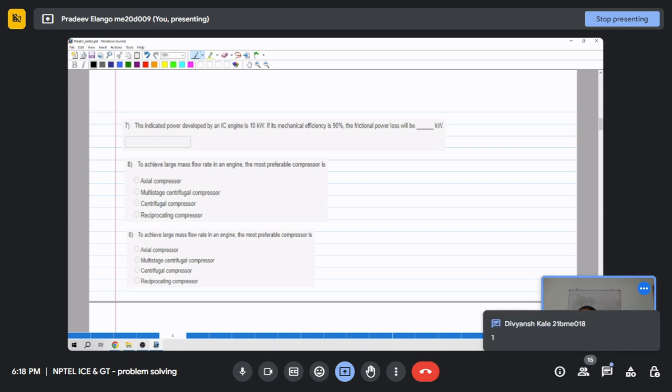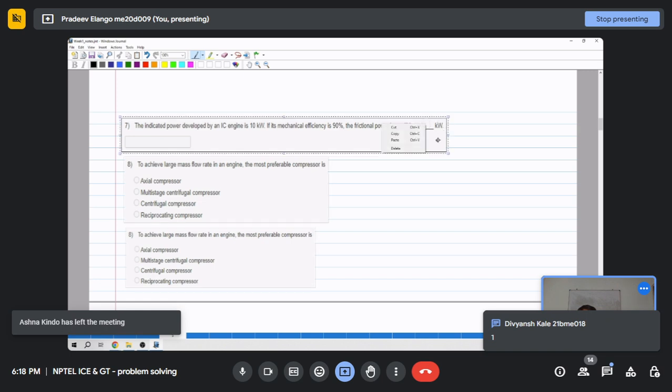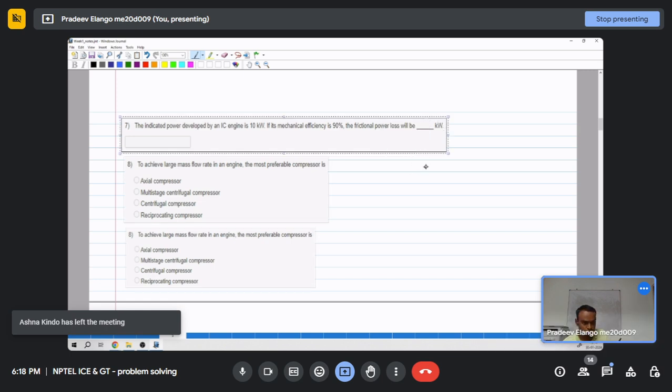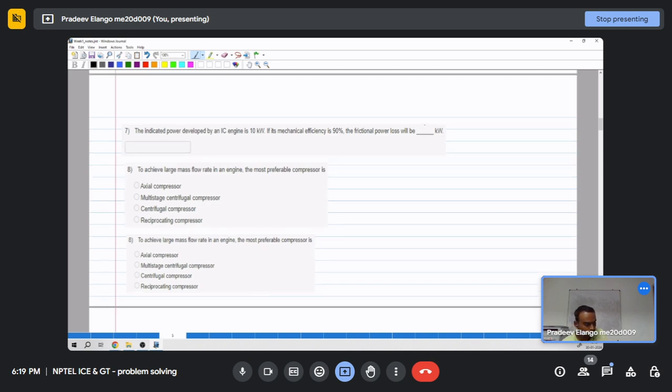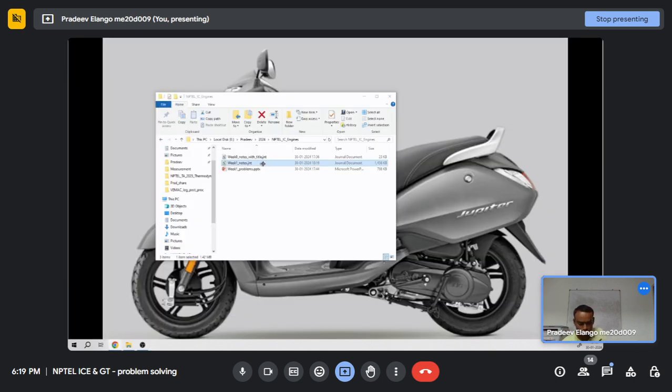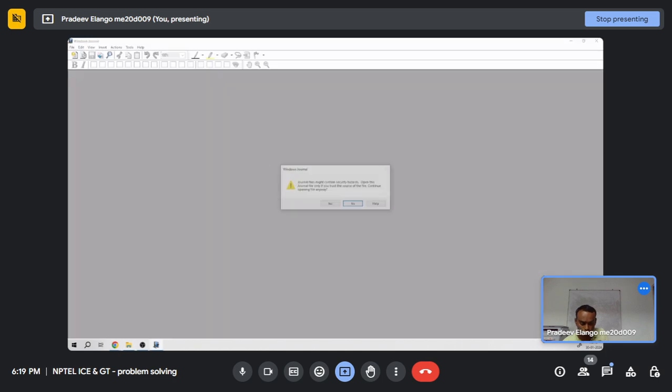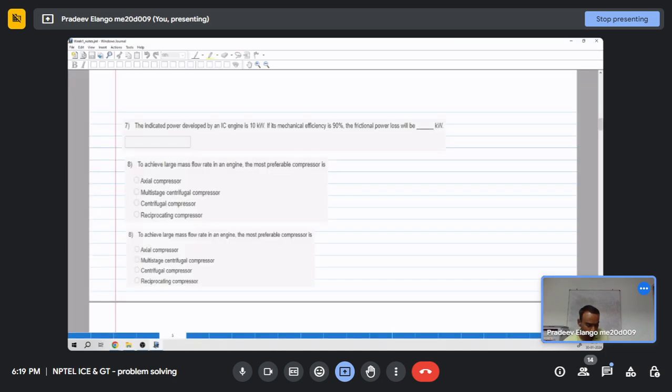Can you answer this? 1 kilowatt. So this is 1 kilowatt.